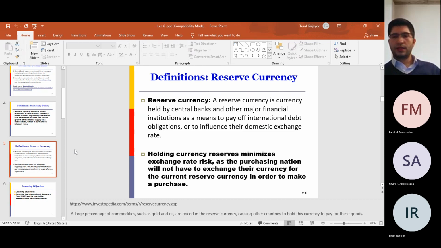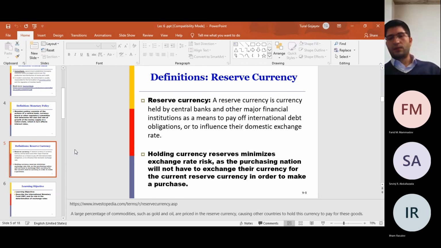A reserve currency is currency held by central banks and other major financial institutions as a means to pay off international debt obligations. Every country has some international debts. They pay them by using that reserve currency, dollars, or to influence their domestic exchange rate. Holding currency reserves minimizes exchange rate risk.